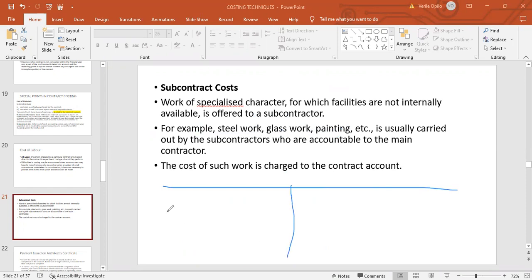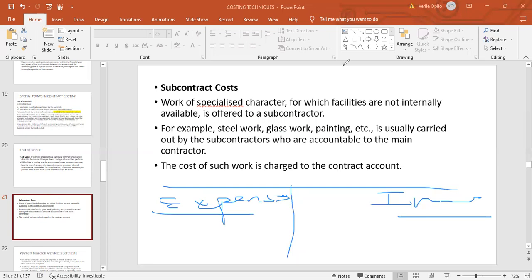On the debit side of the contract account we show the expenses, and on the credit side we show the incomes and any returns made during that period with respect to that particular contract.